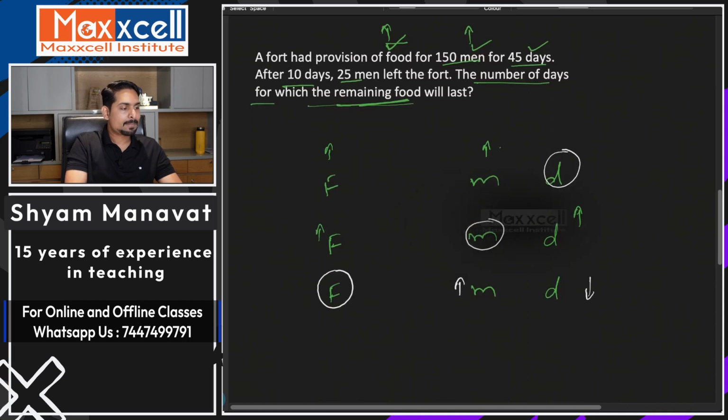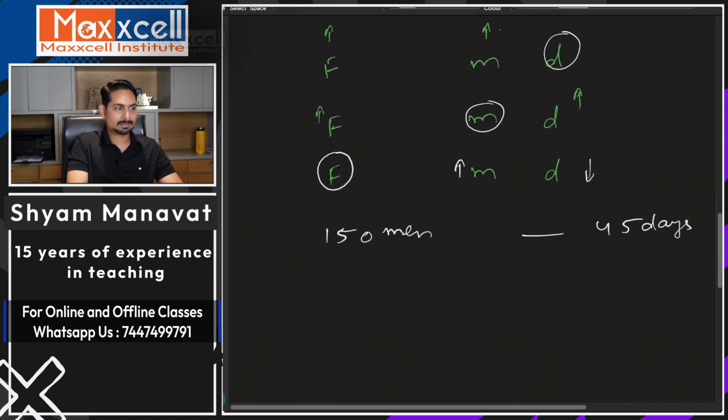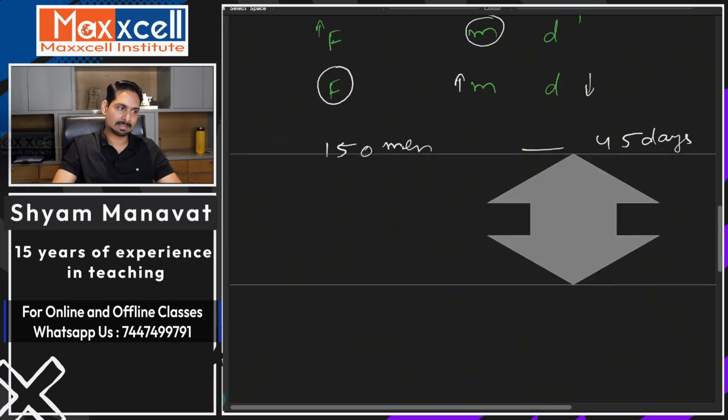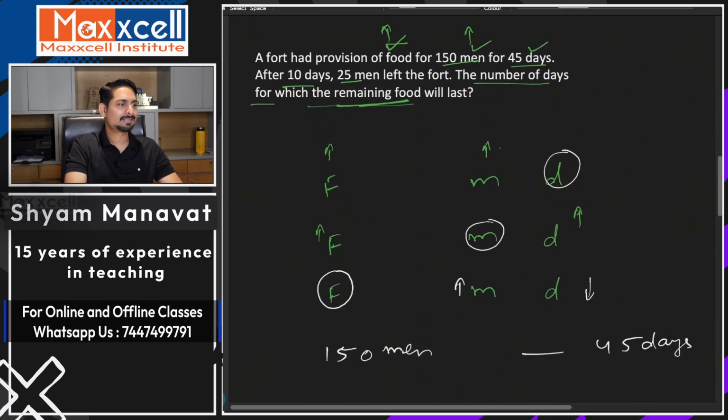The question said, for 150 men the food is going to last for 45 days. Now, out of 45 days, suppose 10 days are gone. Why do we have to assume that?